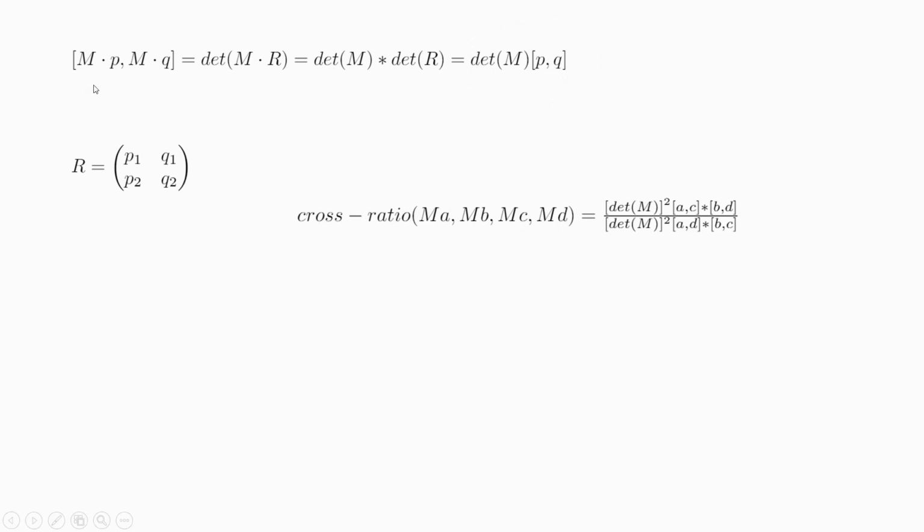Now, filling this into the definition of our cross ratio, we will end up with this. And remember that for projective transformations, this determinant of M must be non-zero. So again, we can cancel these terms, and we are back with our first definition of the cross ratio. So it is indeed invariant under projective transformations.